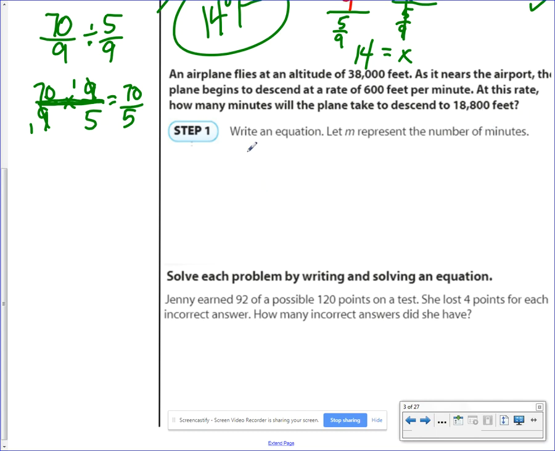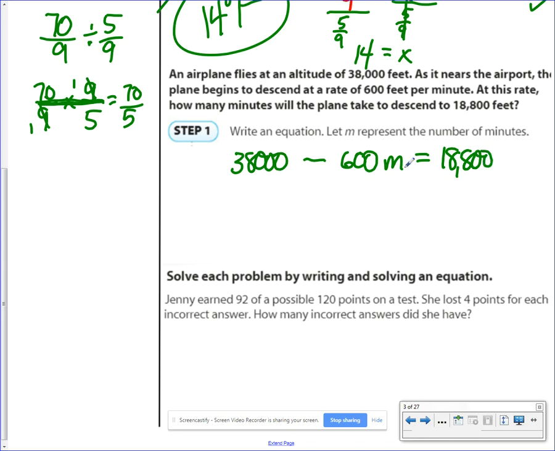Ooh. So it's starting at 38,000. We want to figure out, okay, so I kind of need to take that 38,000 and I'm going to descend or subtract 600 feet times every minute, okay? And then that will get me to 18,800.